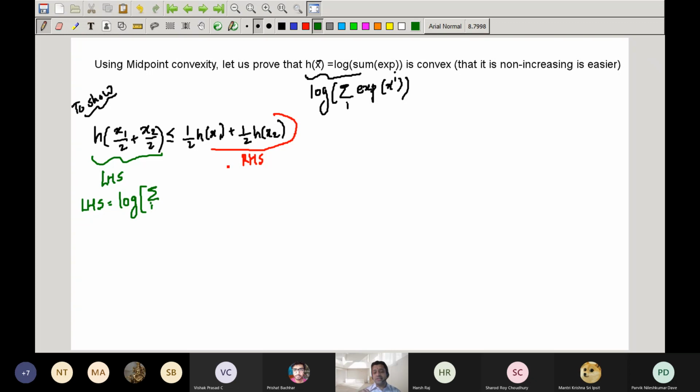You have these indices i for x1 as well as x2. I've taken the liberty of taking the x1 and x2 inside, and the summation over i will remain outside. You'll have exp of x1 i by 2 plus x2 i by 2.